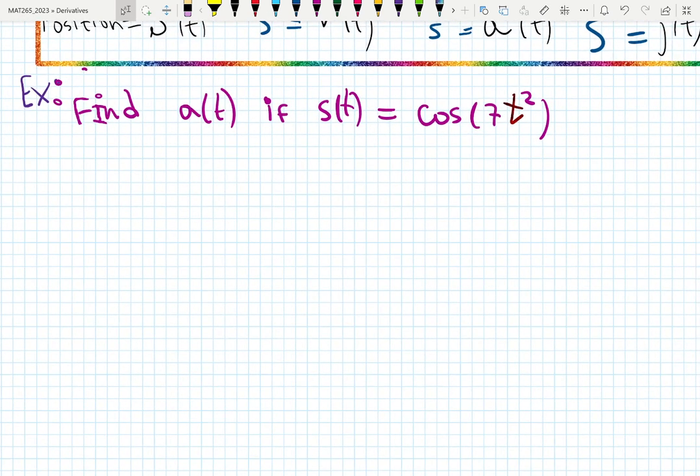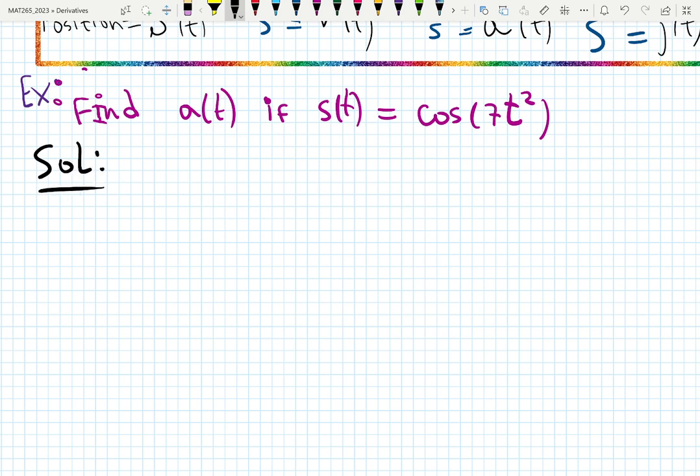Find A if S is given. That's the students' most favorite topic. They are talking about distance. Distance is given as cosine of 7t squared. And then they ask you to find acceleration. Do you know what they're talking about? Yeah, the second derivative. The first derivative is called what? Speed, velocity, right?